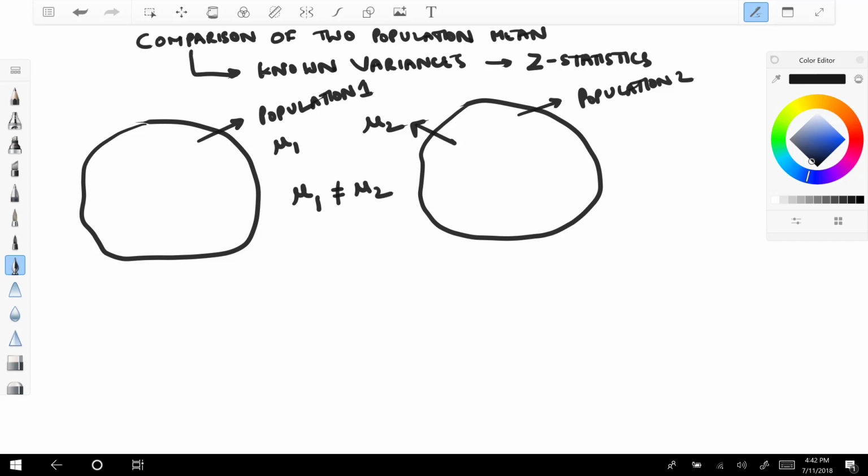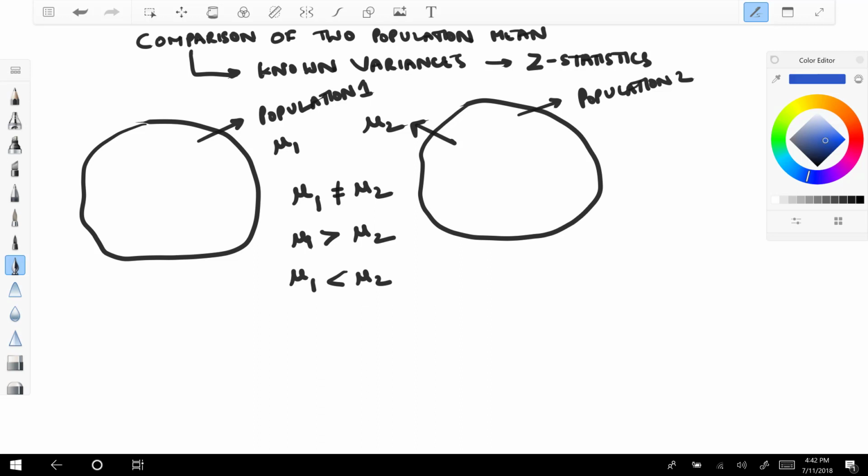That is, mu1 is not equal to mu2, or we would be interested in knowing whether mu1 is greater than mu2, or whether mu1 is less than mu2.